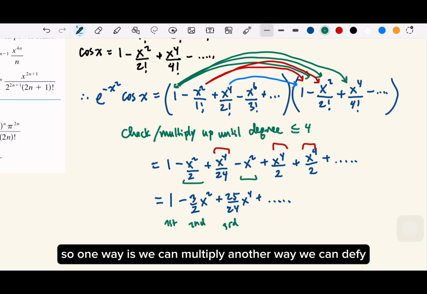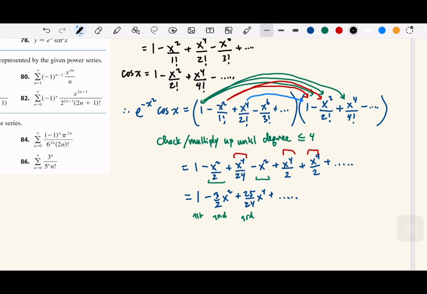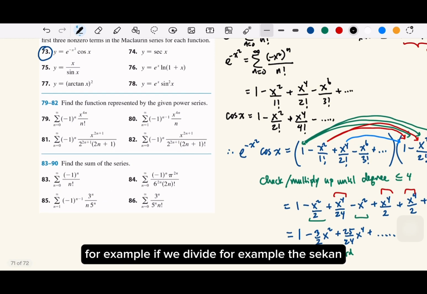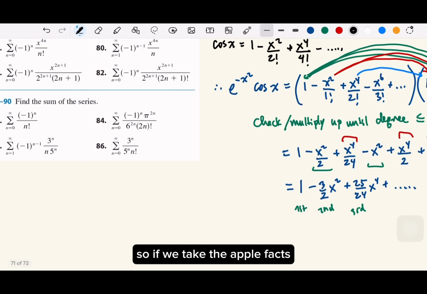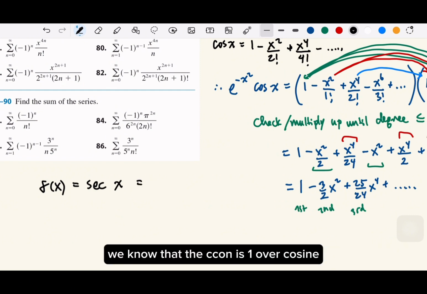So one way is we can multiply. Another way is we can divide. For example, if we take f of x equals secant x, we know that the secant is 1 over cosine.